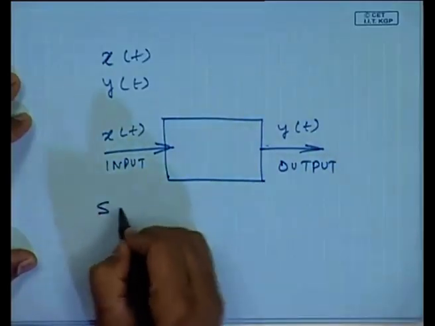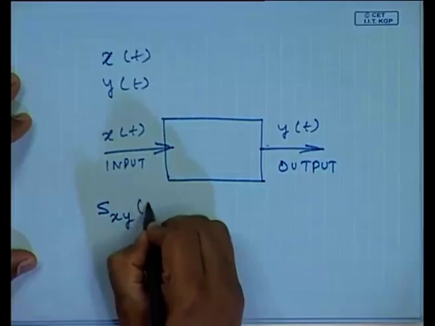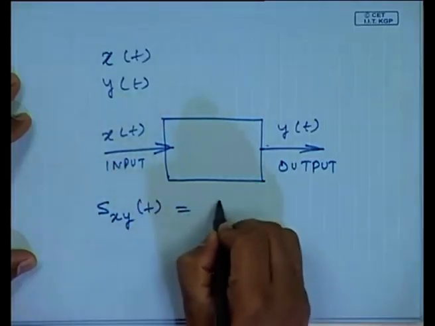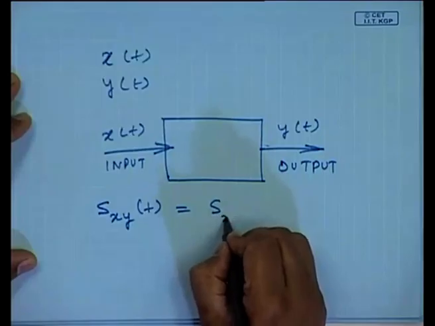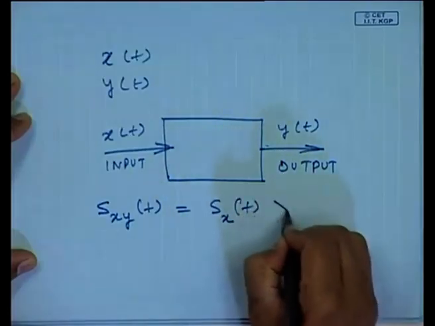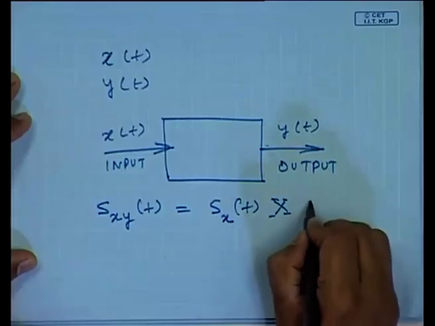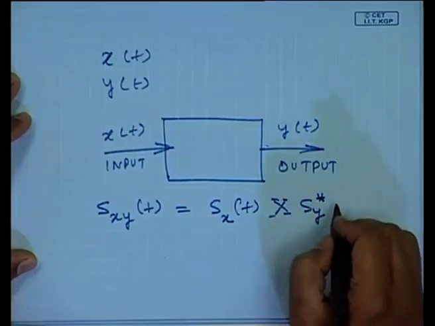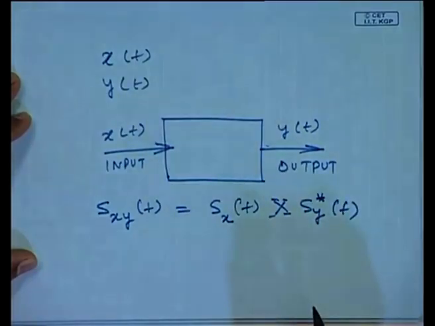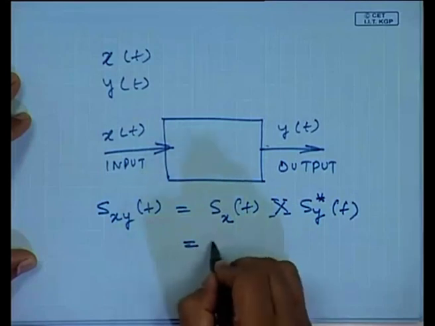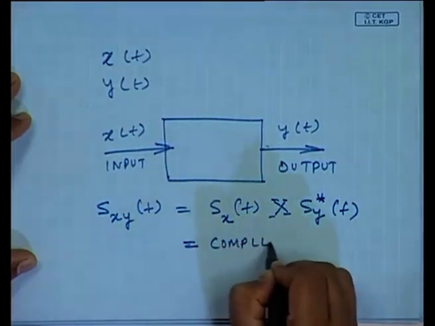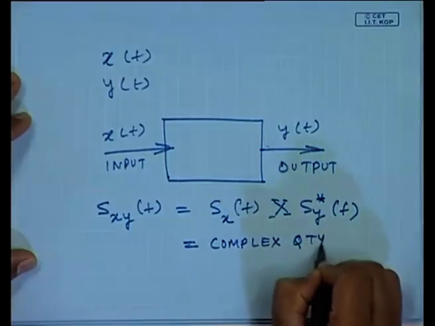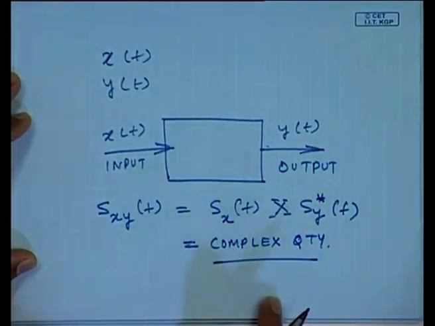One is the cross spectrum Sxy as a function of f, defined as the auto spectrum of x multiplied by the complex conjugate of y, and you will see that this is a complex quantity. The power spectrum was a real quantity, but the cross spectrum between two signals x and y is a complex quantity.